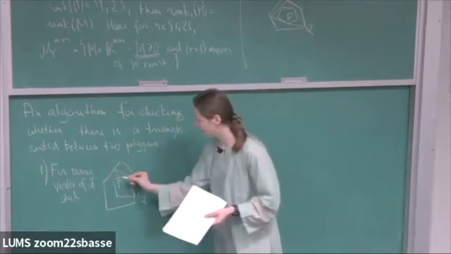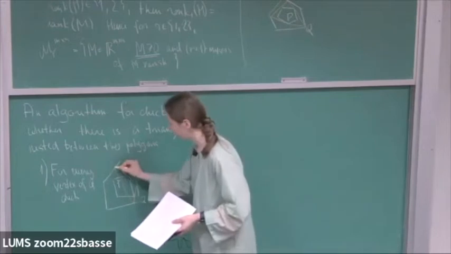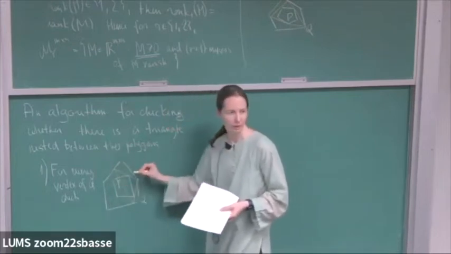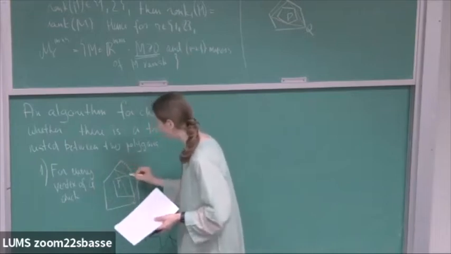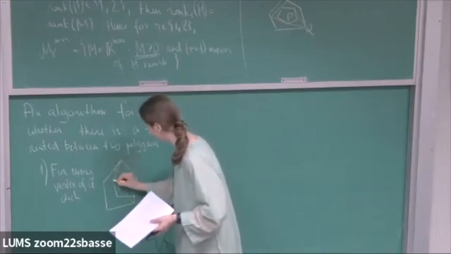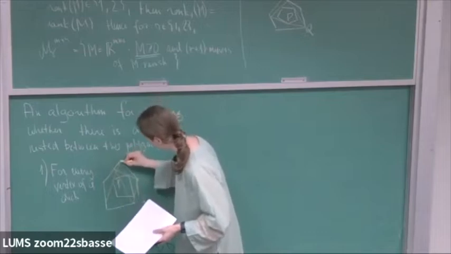In this case, you see it's not the case. So one has to repeat it for all the vertices of Q. I did it for one vertex and didn't find a good triangle, so let's do it for another one.